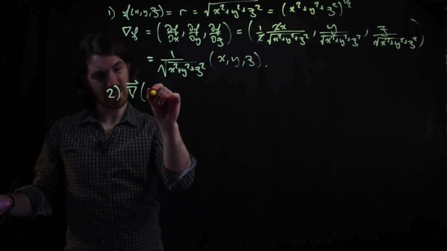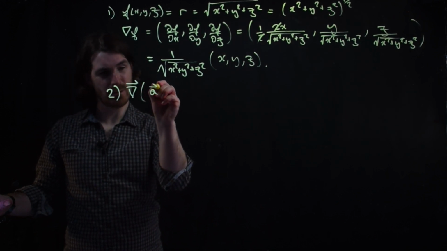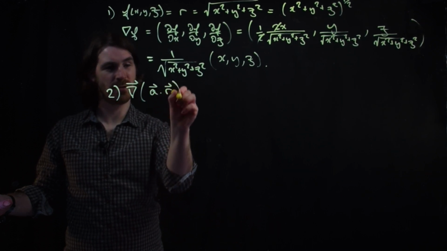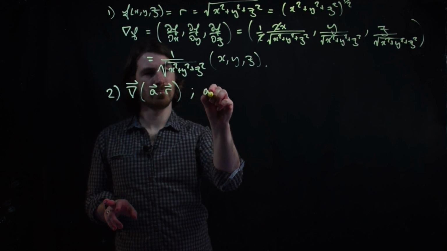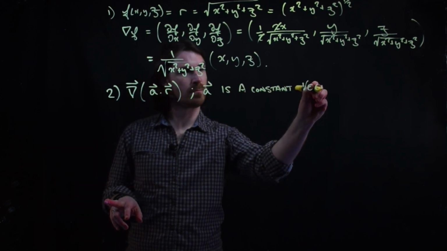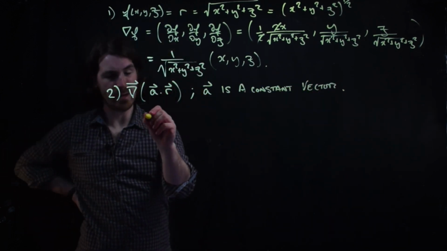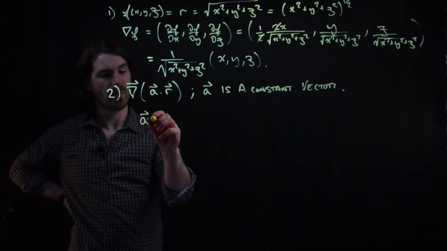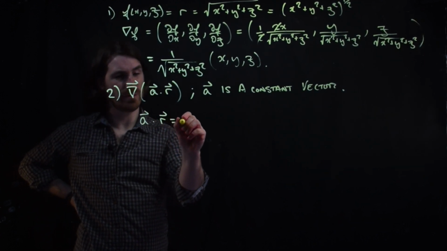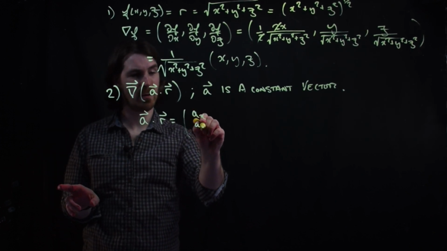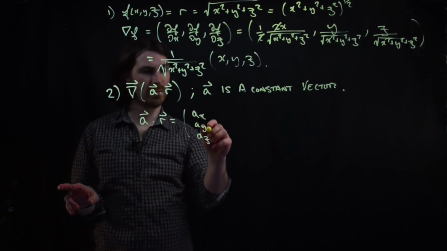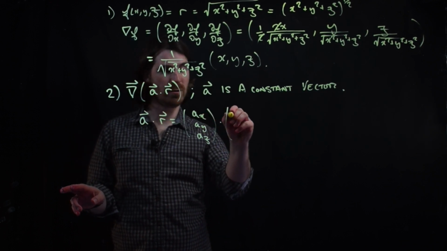What about the gradient of a scalar function that is the dot product between two vectors, where a is a constant vector? Let's think about a dot r. So a dot r is equal to ax, ay, az, dotted with r, which is just x, y, z.